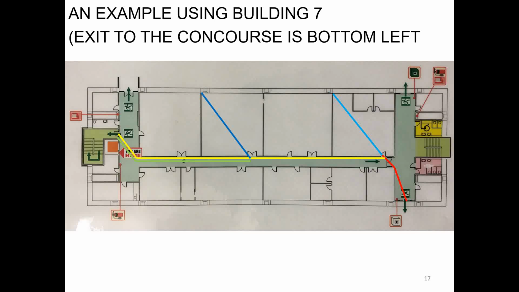At that point there, we then have two options. We have an option to take either the yellow line to go to the stair next to Gavork's office, or we can take the red line, which is to go to exit onto the concourse. The red line from the door is 9 meters long, and it therefore conforms because it's under 20 meters.